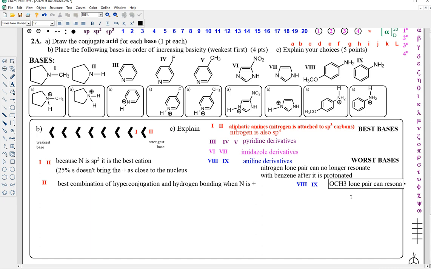It can resonate to stabilize N+, which makes 8 the better base and 9 the worst base. Eight's the better base, 9's the worst base.